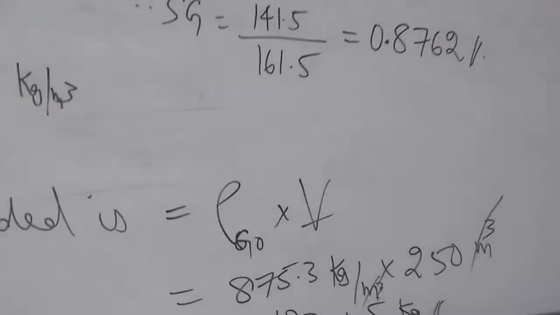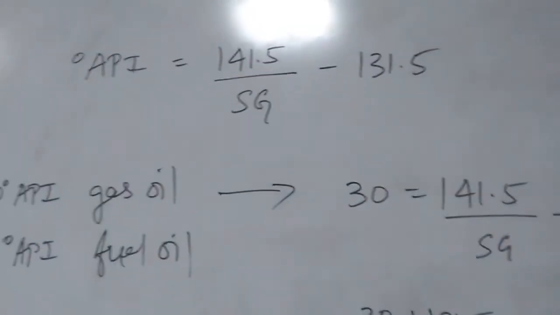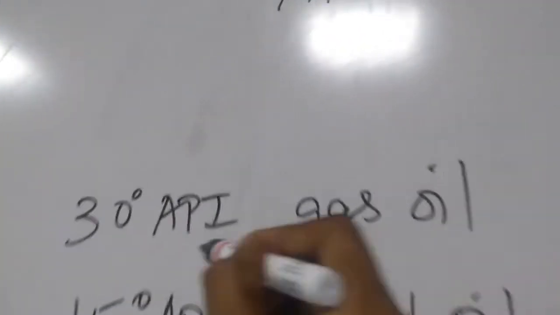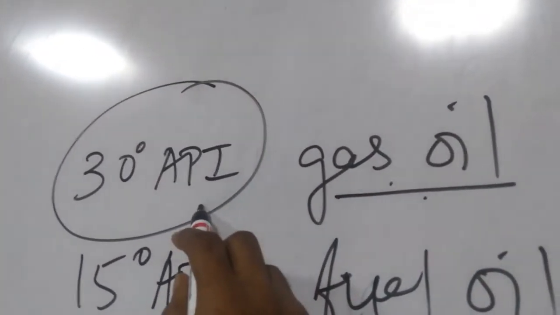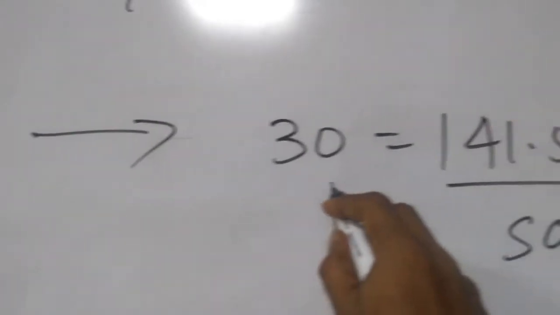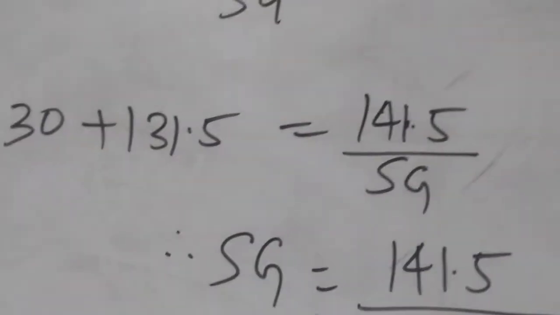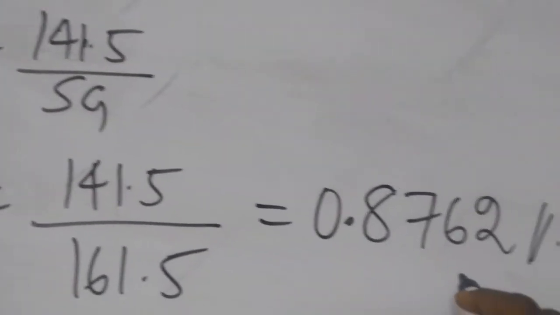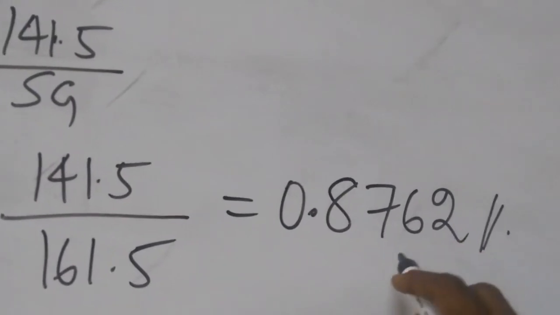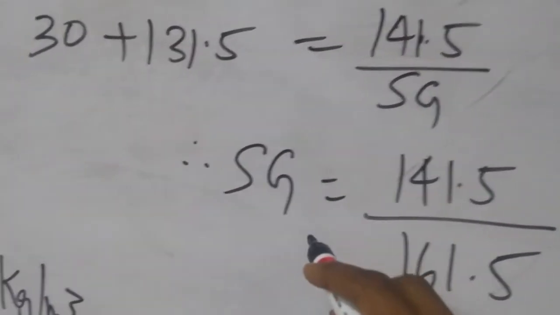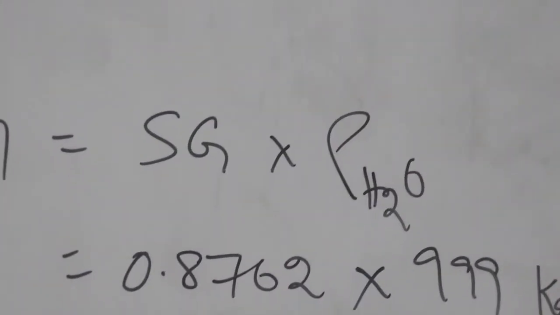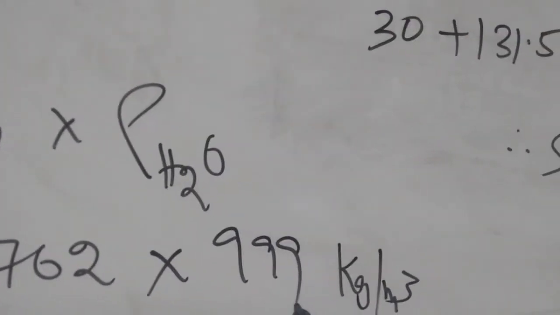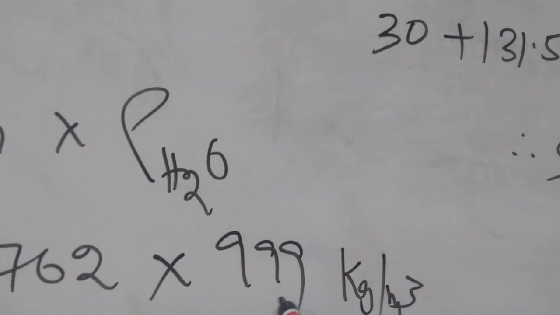So what we have done? First, 30 degree API was given for the gas oil. We converted it to the corresponding specific gravity, which is 0.8762. Once we found the specific gravity, we determined the density of this gas oil by multiplying with the density of water, which is given as 999.